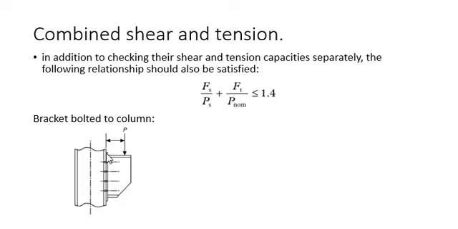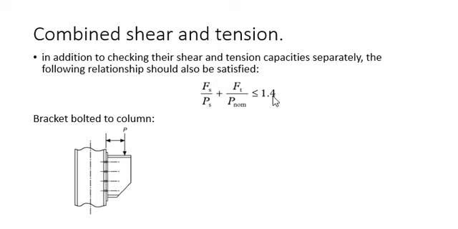Once we have such a connection where we have shear and tension combined, what we need to do is to check the shear and tension resistance of the bolted connection first. Then we move on to check this relationship and ensure that it is satisfied.